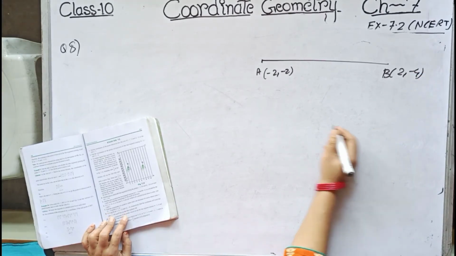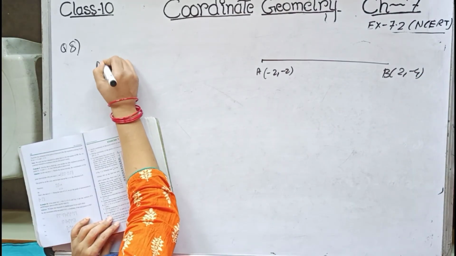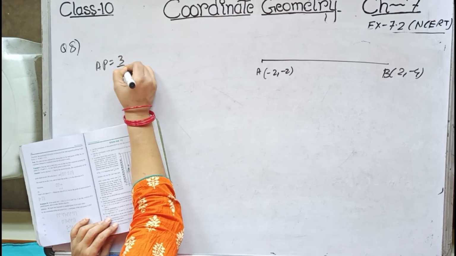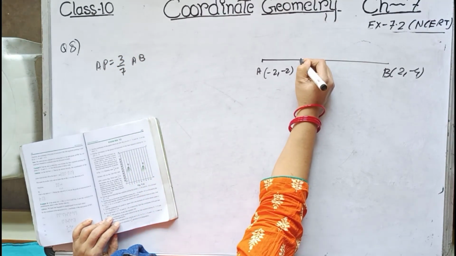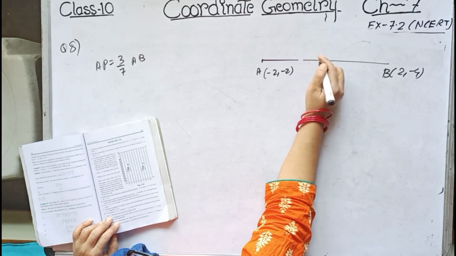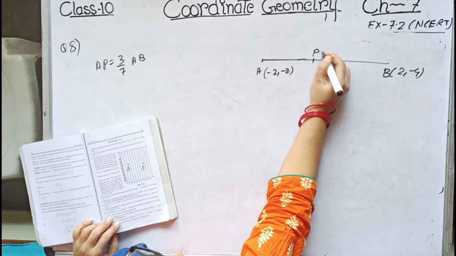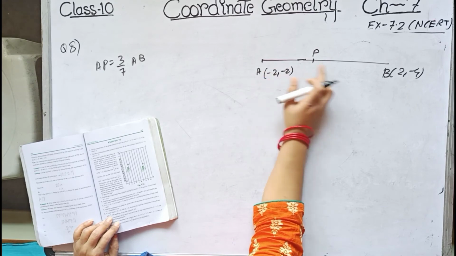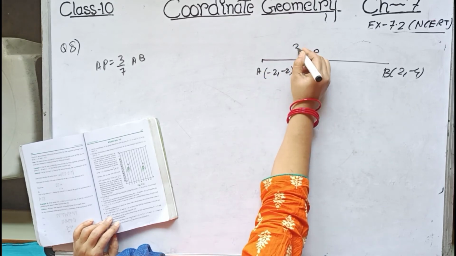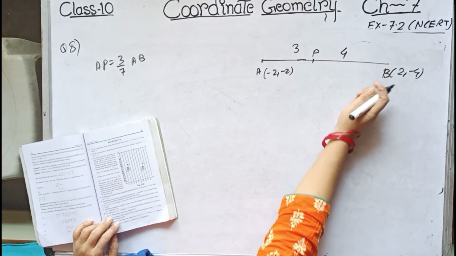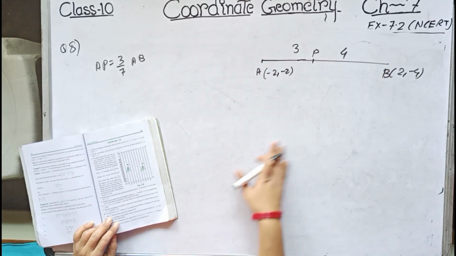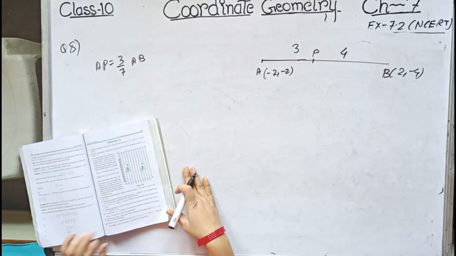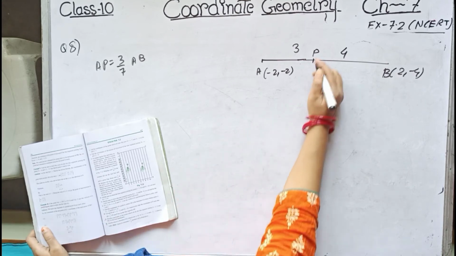Now a point P is there such that AP is equal to 3 by 7 of AB. So if I take this point P, then AP is 3 by 7 of whole AB. So if this is 3, this will obviously be 4. Then only AP will be 3 by 7 of AB. And P lies on the segment AB.